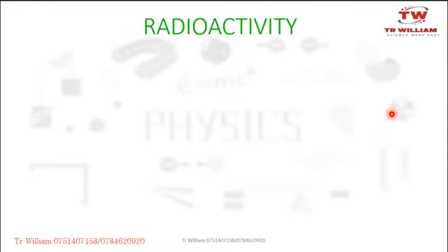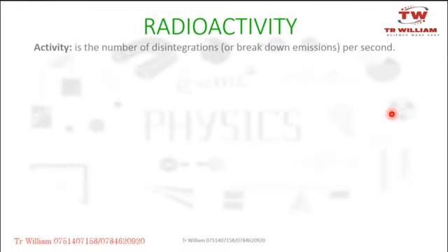Let's look at what we call activity. It's like if you are in your class and every second two people are moving out. We would say the activity of your class is two people per second.